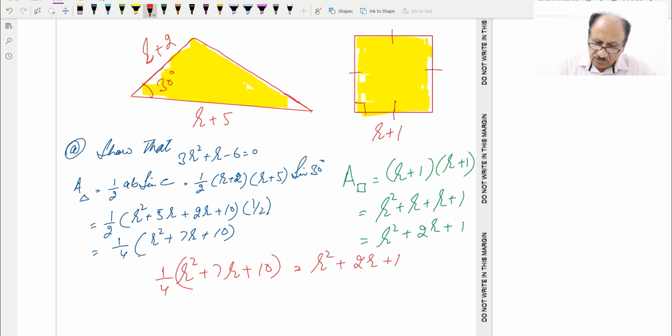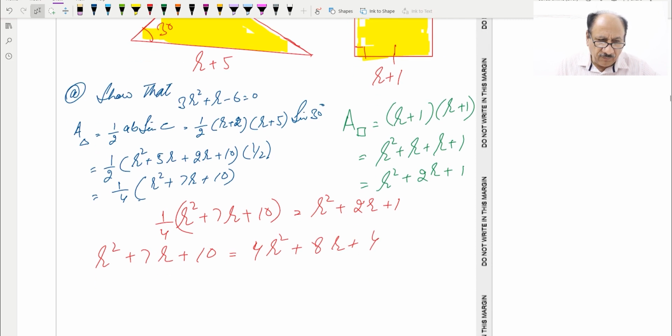And further we need to simplify. The 1 by 4 we can shift to the other side and rewrite it as r square plus 7r plus 10 is equal to 4r square plus 8r plus 4. And further we can simplify this.